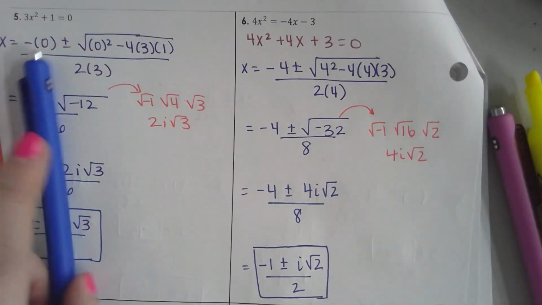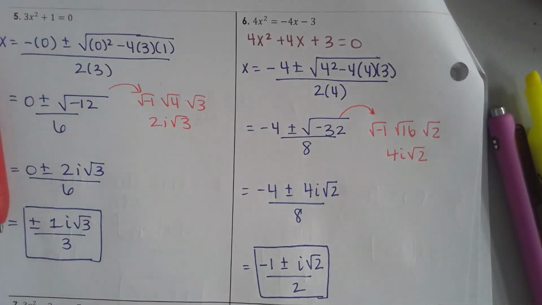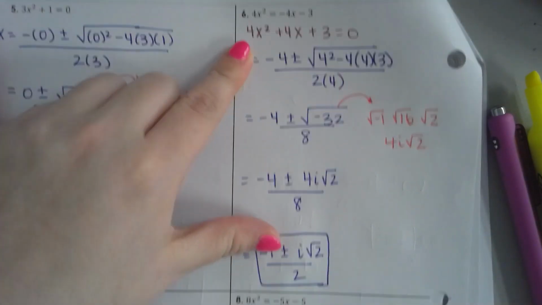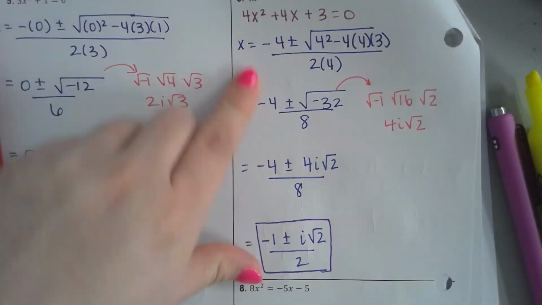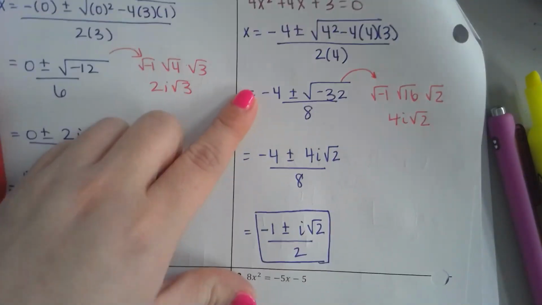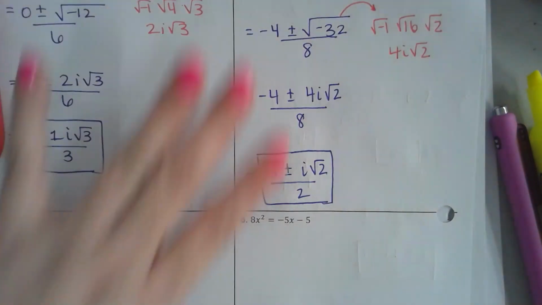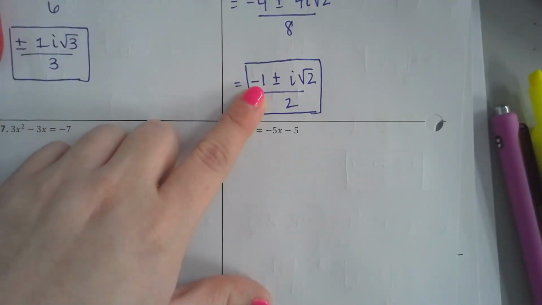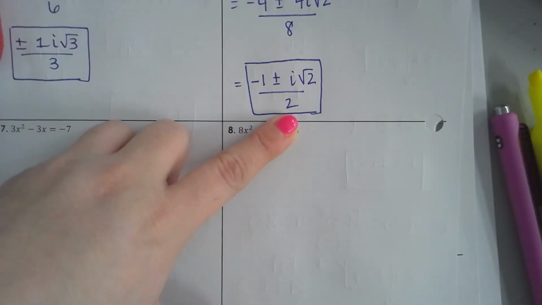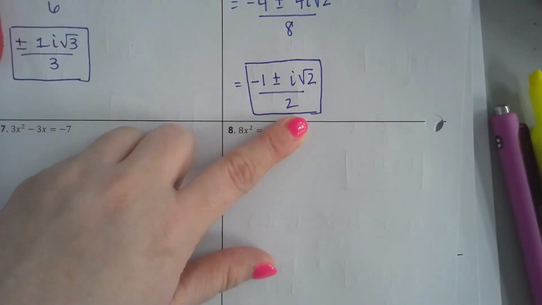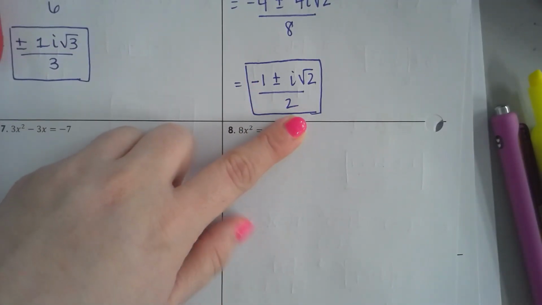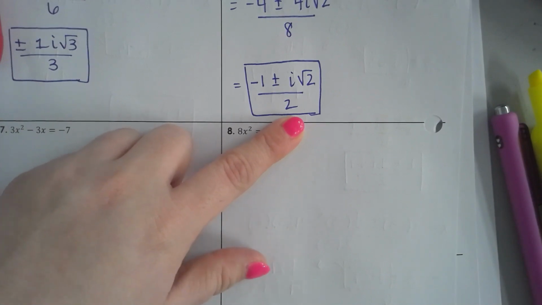Okay, I have worked out number 6. You may have subtracted this 4x squared over, and then all of your signs would be different. If that was the case, you probably had a +1 and a -2 down here, which actually ends up being the same thing as a negative over a positive, because a positive divided by a negative is a negative, and a negative divided by a positive is a negative.